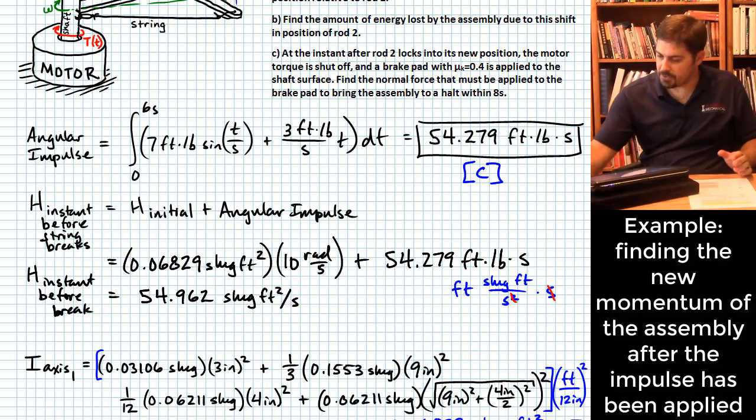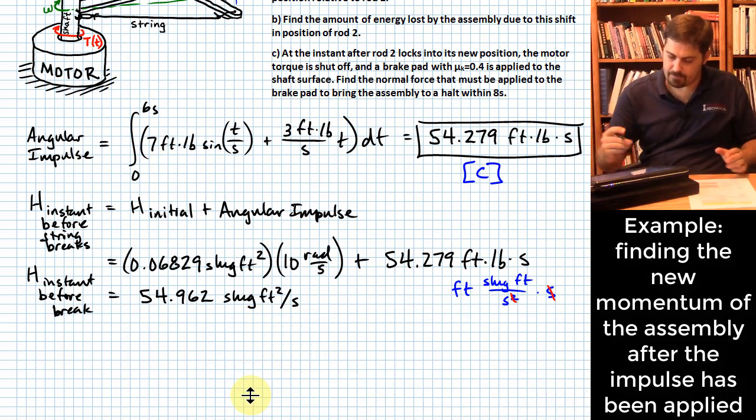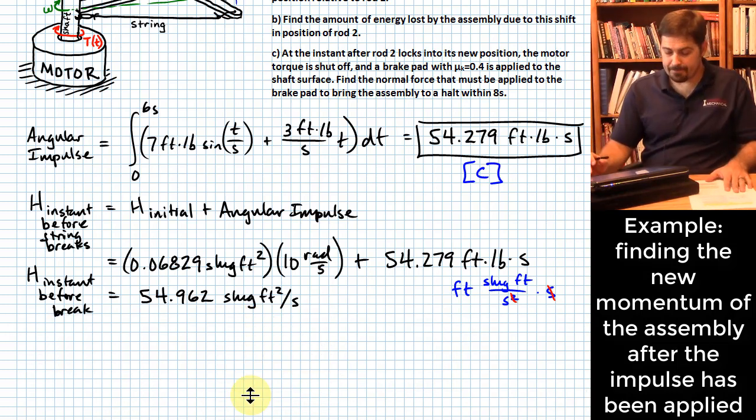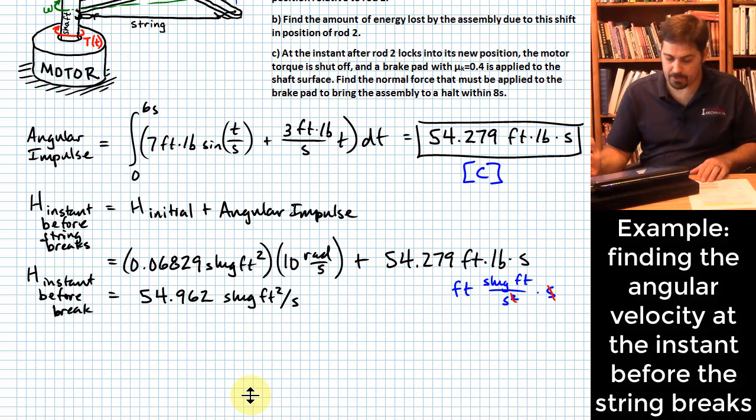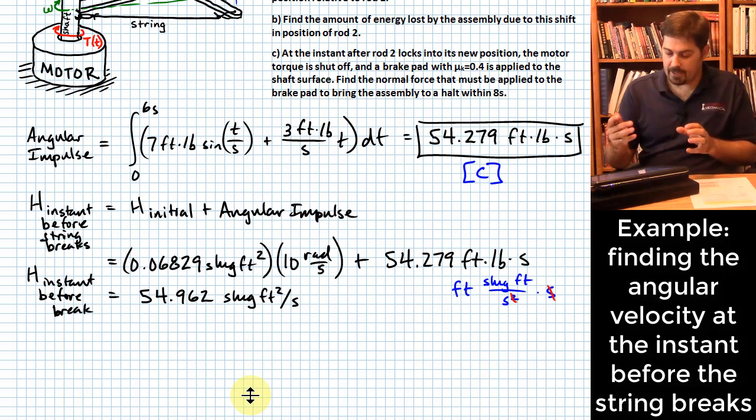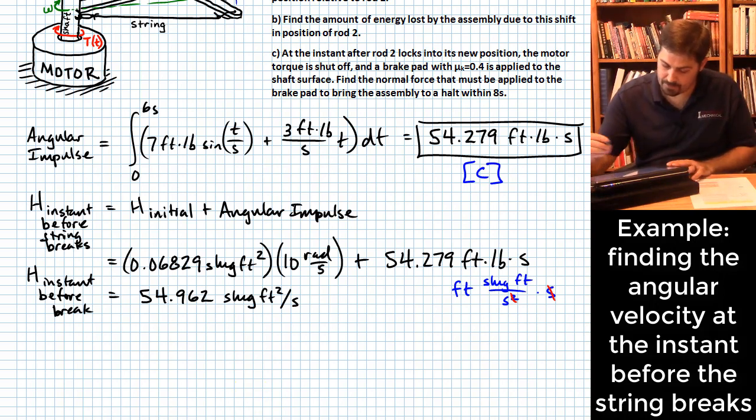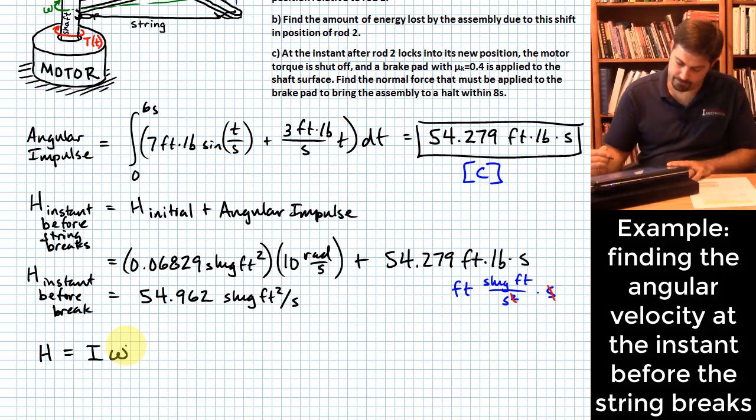Well, what can I actually do with that angular momentum? Well, there's actually a bunch of stuff I can do with it. The first thing is I can recognize that at the instant before break, I still have the basic equation here that my angular momentum is going to be equal to I omega. Okay, it's kind of my basic equation.